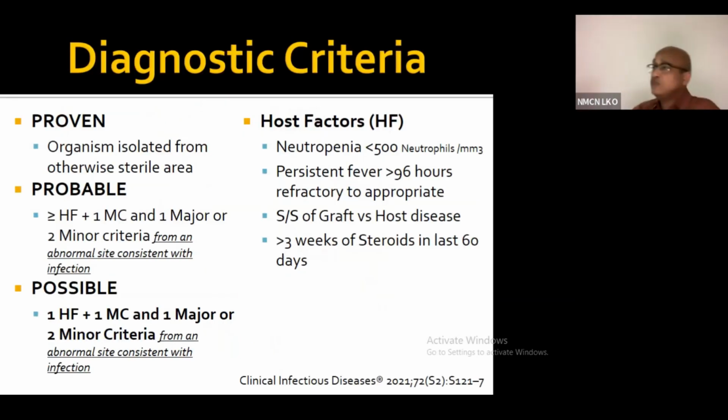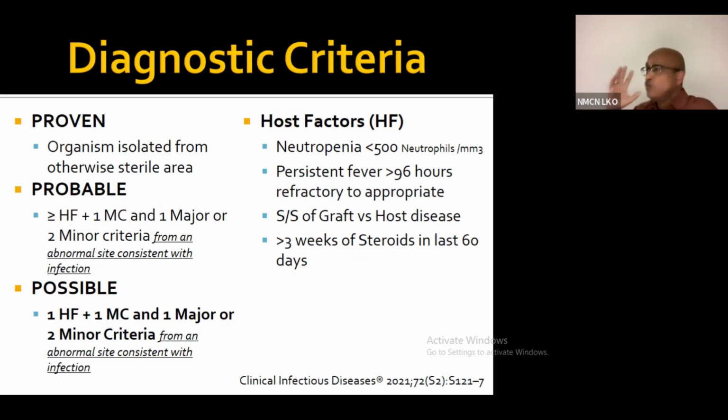Diagnostic criteria. Now this is 2021. I might have taught this in 2005, in 2007, then 2012. It is still proven, probable, possible, and host factors. But remember, all this literature is coming from cancer patients, because these criteria are set by the European Organization for Research and Treatment of Cancer and the Mycoses Study Group.